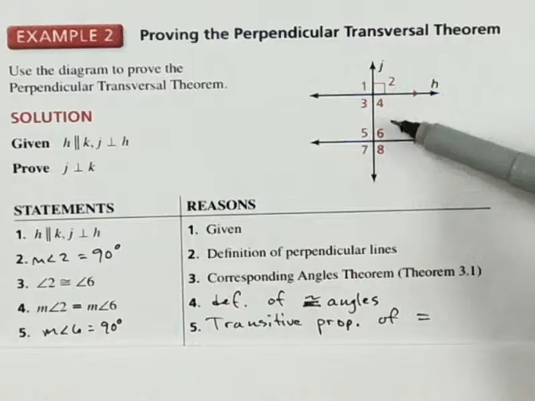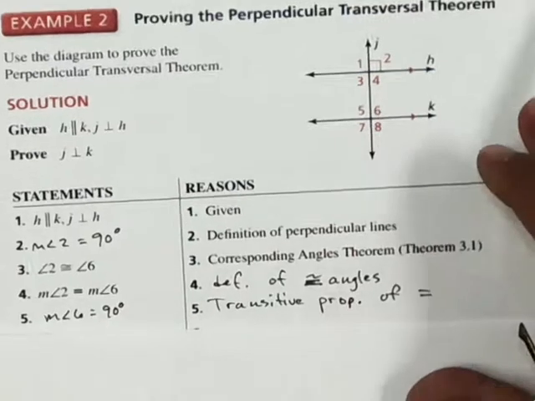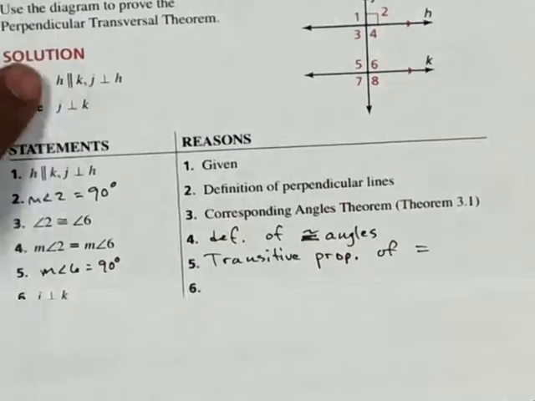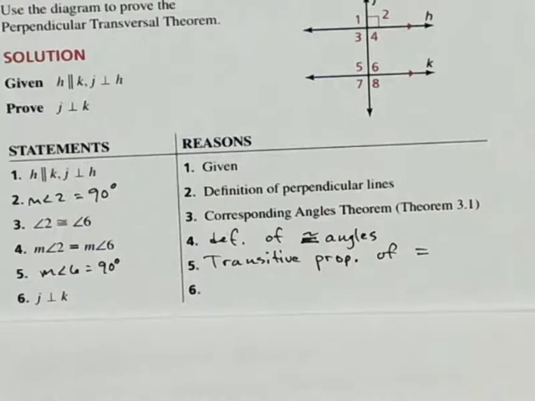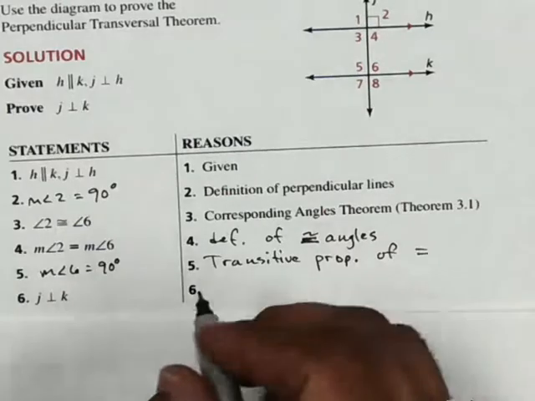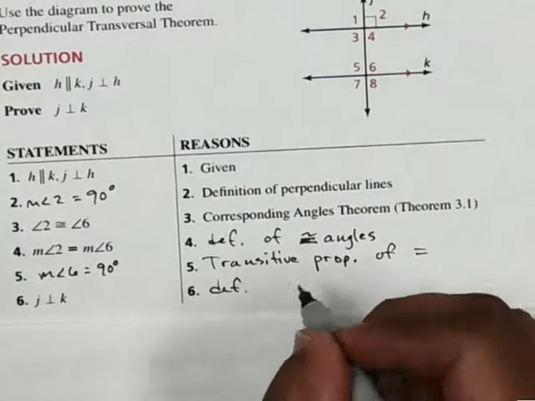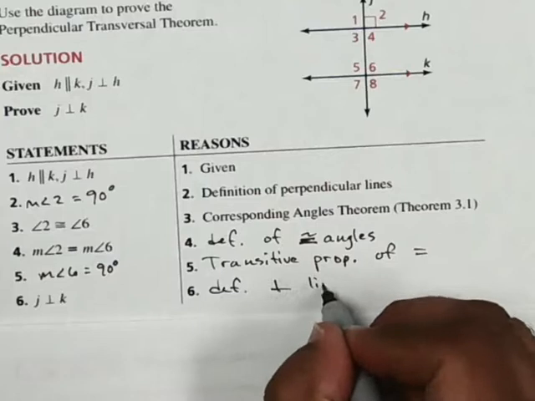And if we know angle 6 is 90 degrees, that has to mean that line J and line K are perpendicular because that's the definition of perpendicular lines.